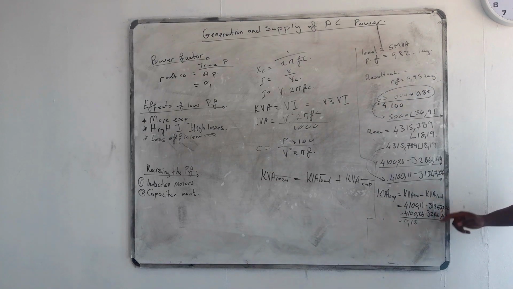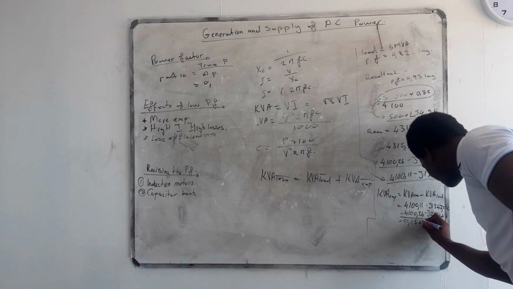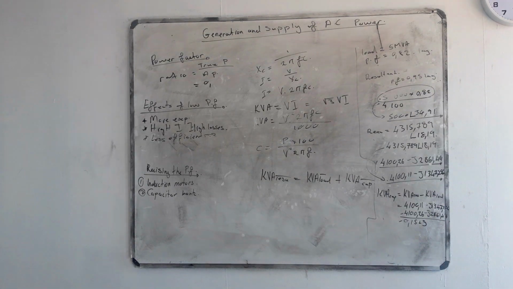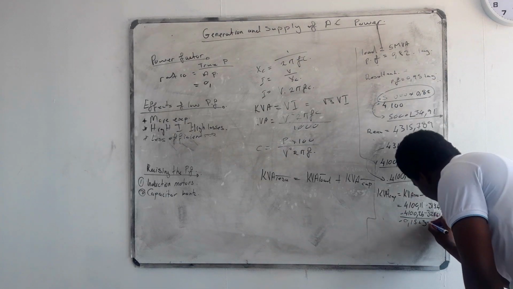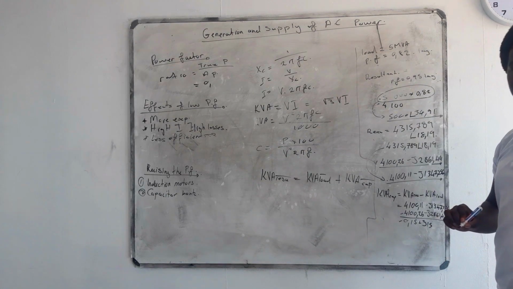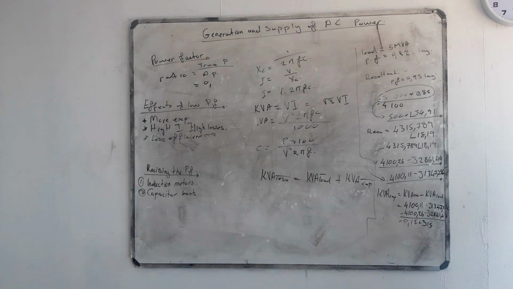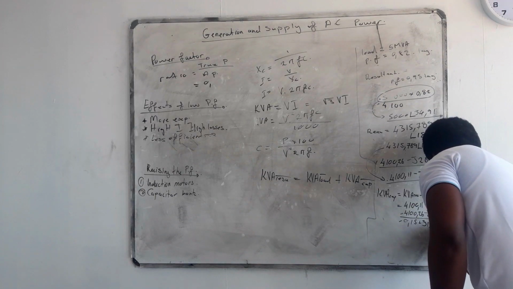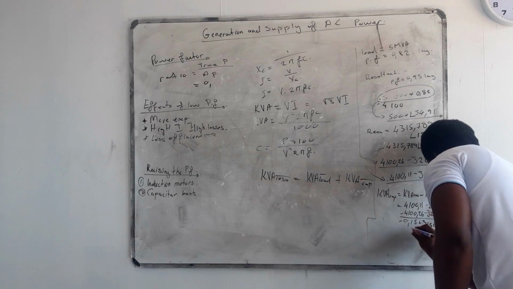So we'll say plus 2,861.44. What do you get for your answer? I'm guessing it will be a plus. It's 1,514.184. That is the correct answer.